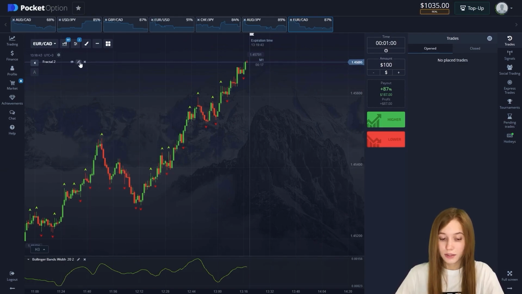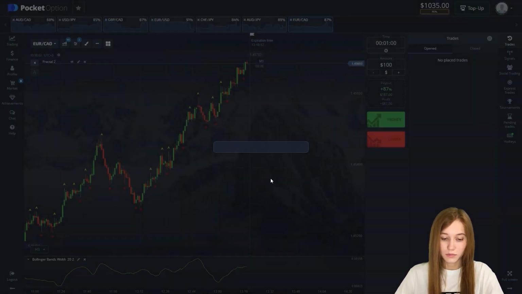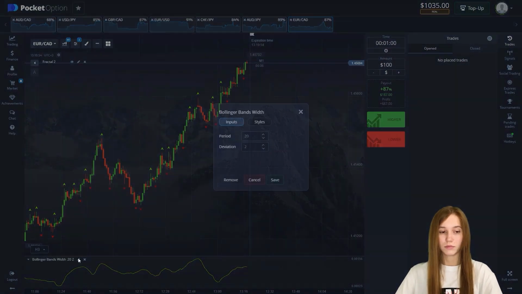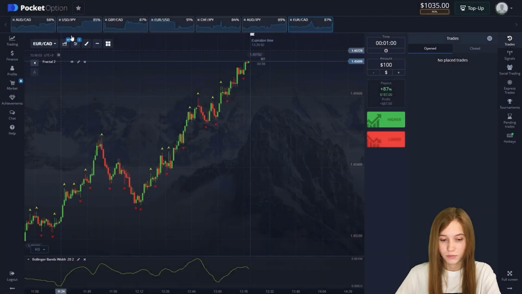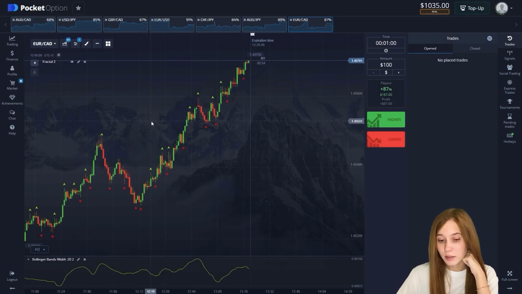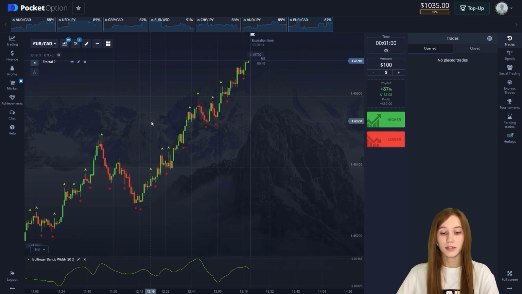We used technical analysis for general analysis and 2 indicators: fractal, and the second, Bollinger Bands. So we used concept paths, and I think that's it for today.